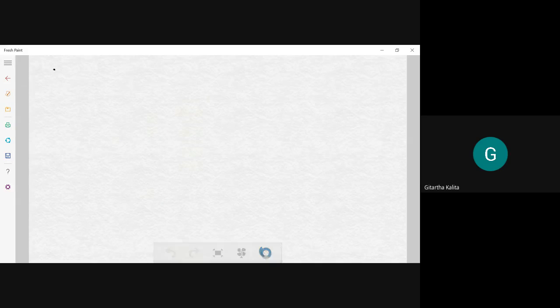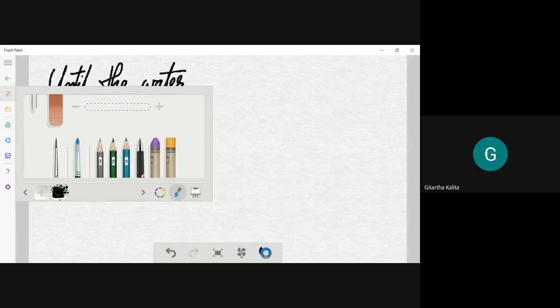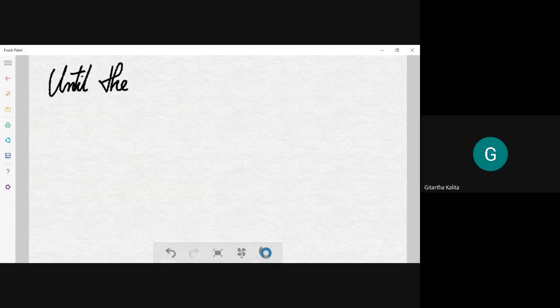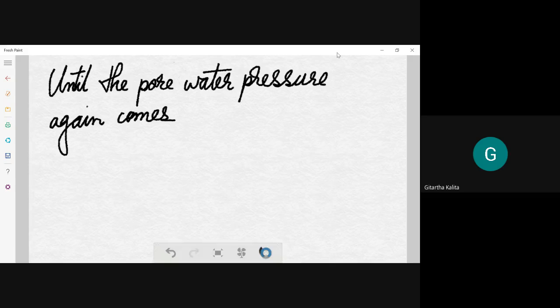Water will start moving out until the pore water pressure comes down.